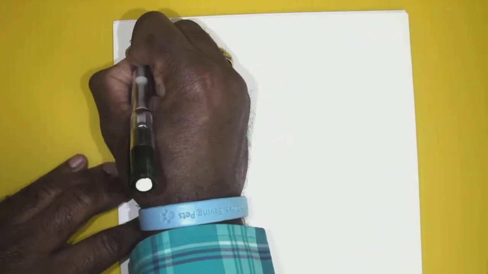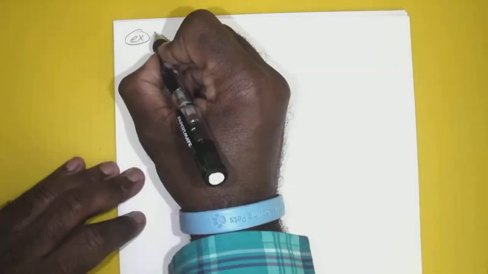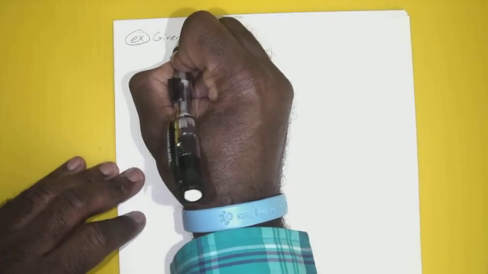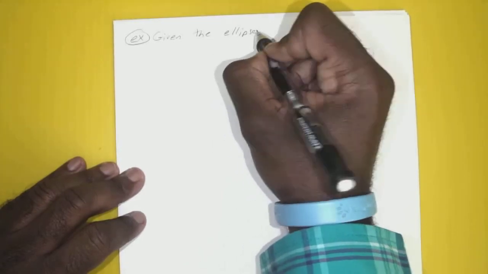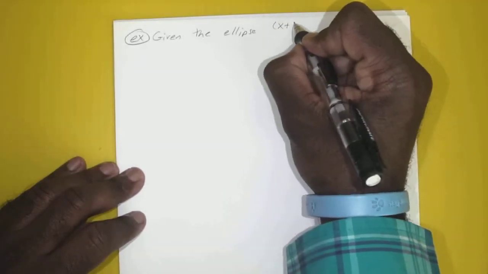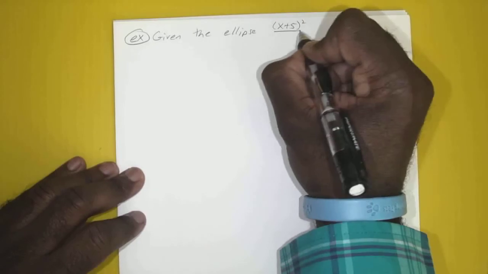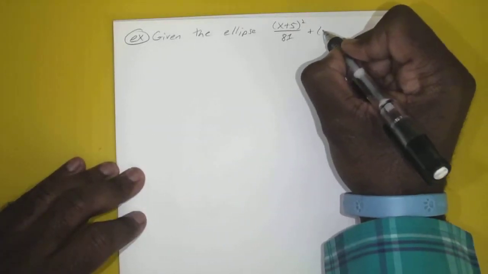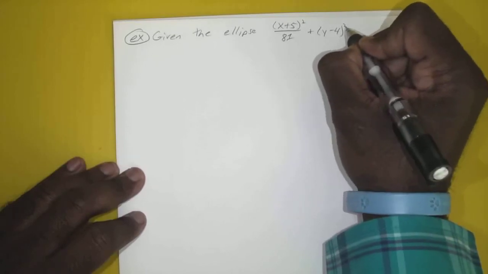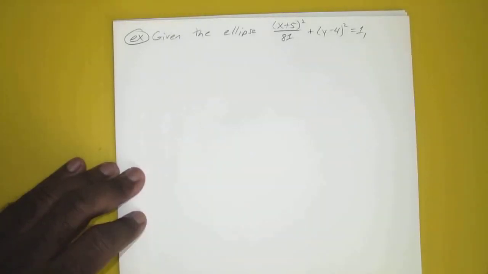Okay, so let's say, for example, if we're given the ellipse, say we have x plus 5 squared over 81 plus y minus 4 squared equals 1.